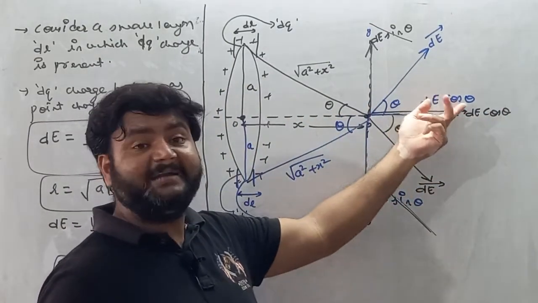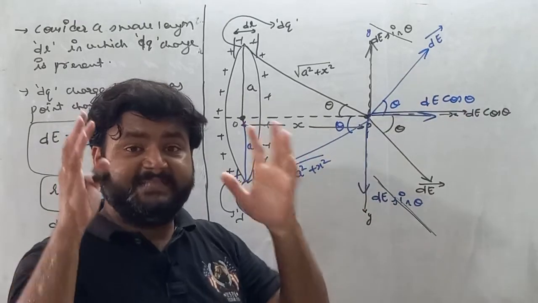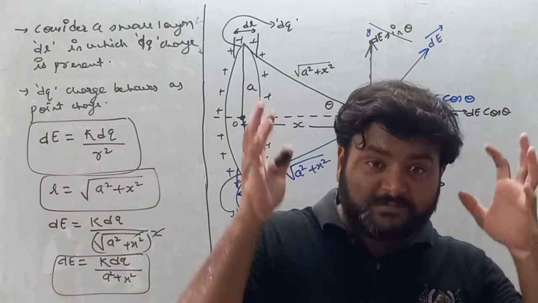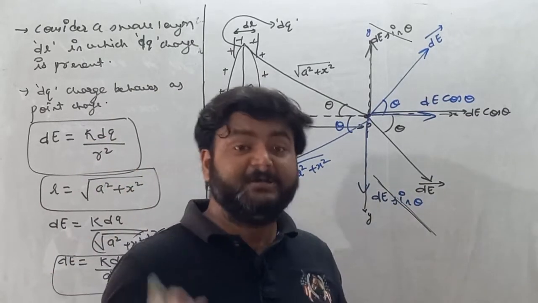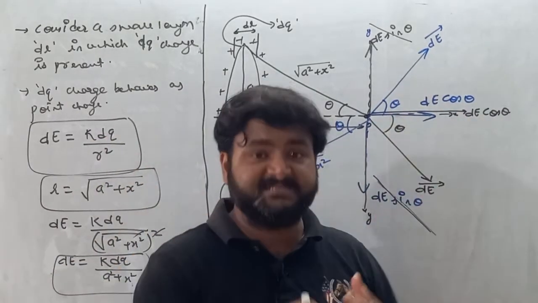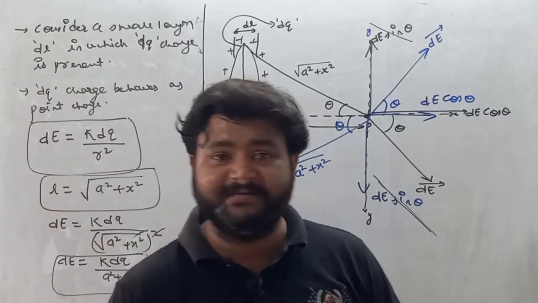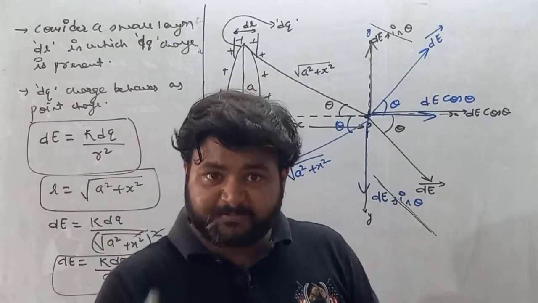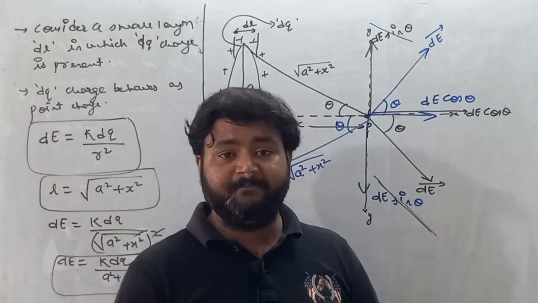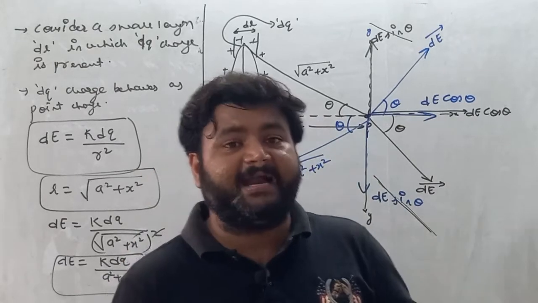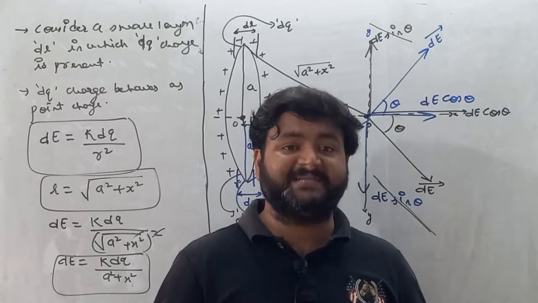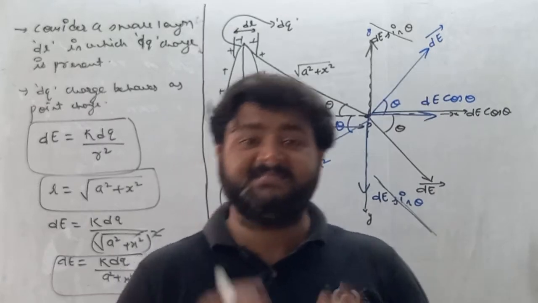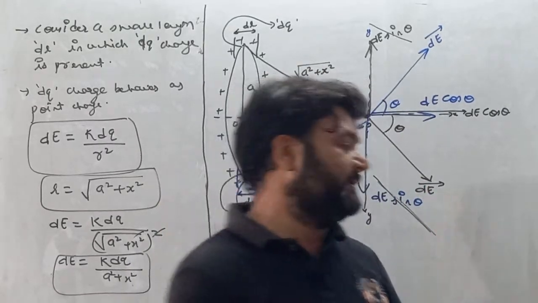We cannot add both the components, because this process is only to check the effective direction of the electric field. So don't add dE cos theta plus dE cos theta to get 2 dE cos theta. No, this process is only performed to understand which component of electric field due to this ring on its axis is active, my dear student.